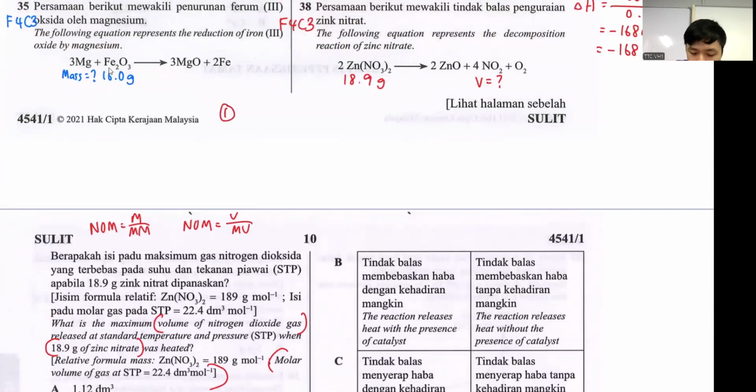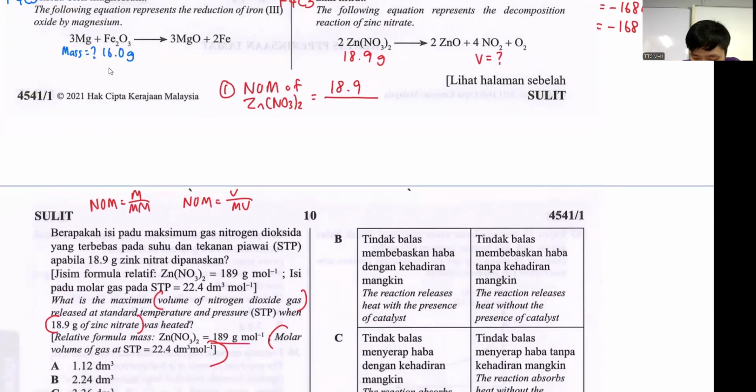Number of mole of zinc nitrate is mass, 18.9 gram, over molar mass. They already told you the molar mass is 189 for zinc nitrate, which gives 0.1 mole.